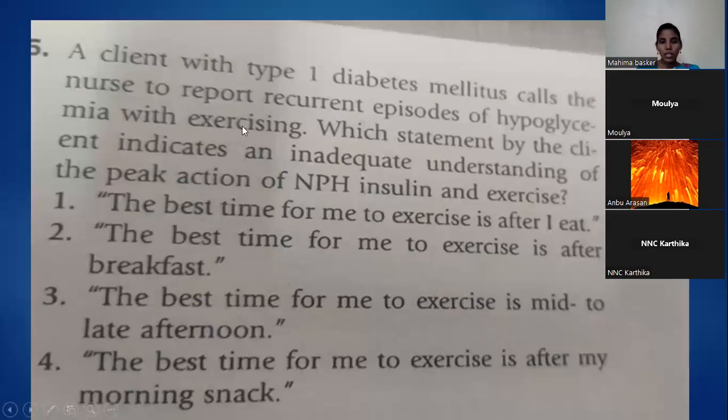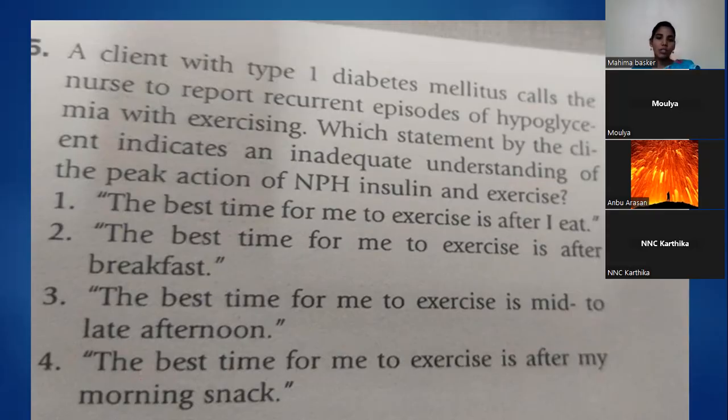Next, a client with type 1 diabetes mellitus calls the nurse to report recurrent episodes of hypoglycemia with exercising. Which statement by the client indicates inadequate understanding of the peak action of NPH insulin and exercise? What is NPH insulin? It is intermediate action.